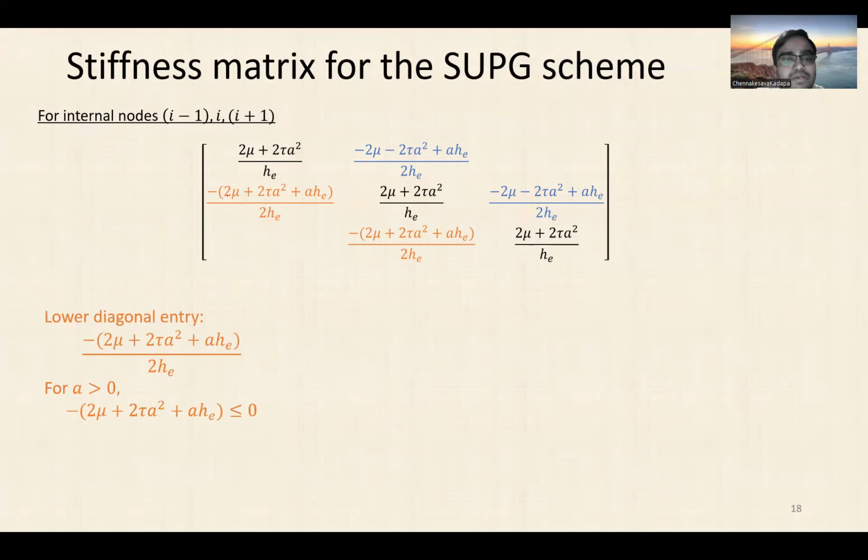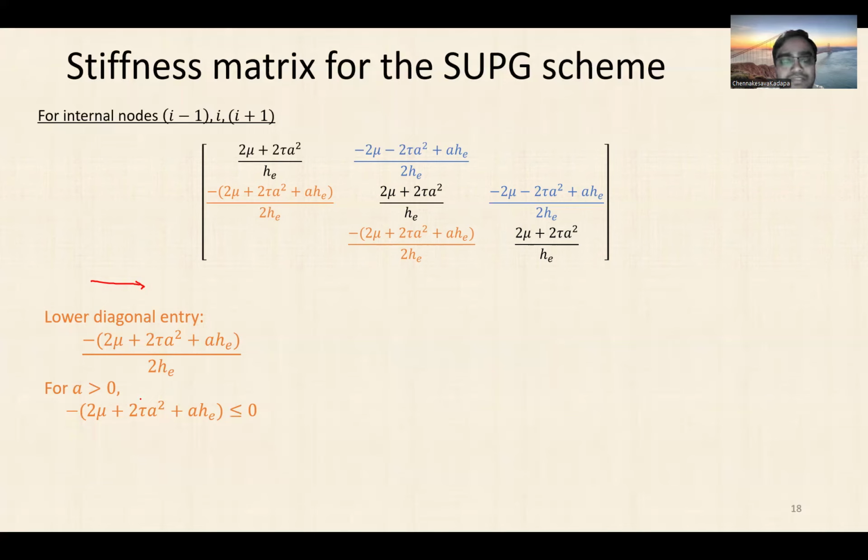For the lower diagonal entry, we have minus of the sum of three terms. If A is greater than 0, that is, if the flow is from left to right, which is our convention, then A is positive. So all the three terms inside the bracket are positive, and we have a minus sign multiplying the bracket.